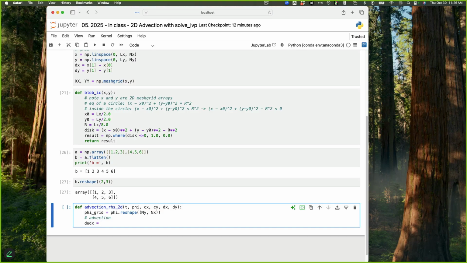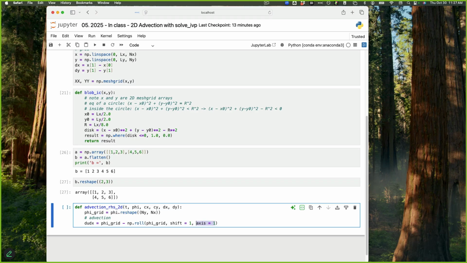So remember the 1D case, it's the same. So phi grid, this is phi ij, essentially, minus numpy.roll, phi grid, and I'm going to shift by 1 because that's backward differencing, and my axis is 1.